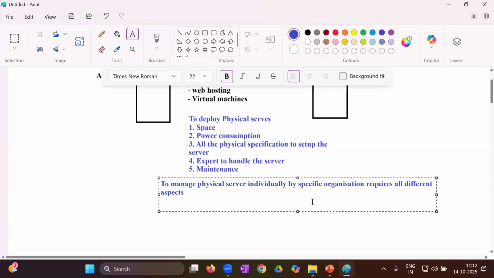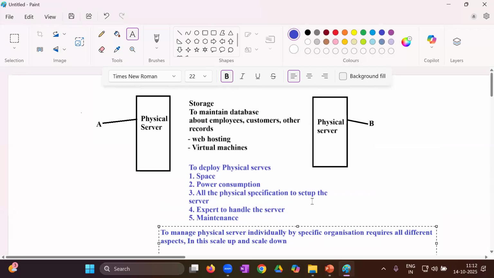Correct? Now, in this, a scale up and a scale down is not possible. Once you have bought the physical server, it is very difficult to sell it again. And once you have sold it, you have to plan to buy a new server. And it is also going to be very costly for you, right?